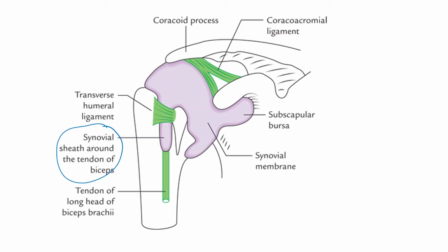The bursae continues around the long head of the biceps until it reaches the surgical neck of the humerus. So we can also make out the subscapular bursae over here. As I have told, it lies between the tendon of the subscapularis and the fibrous capsule. The other bursae which I mentioned is the infraspinatus bursae. So these are the important bursae related to the shoulder joint.